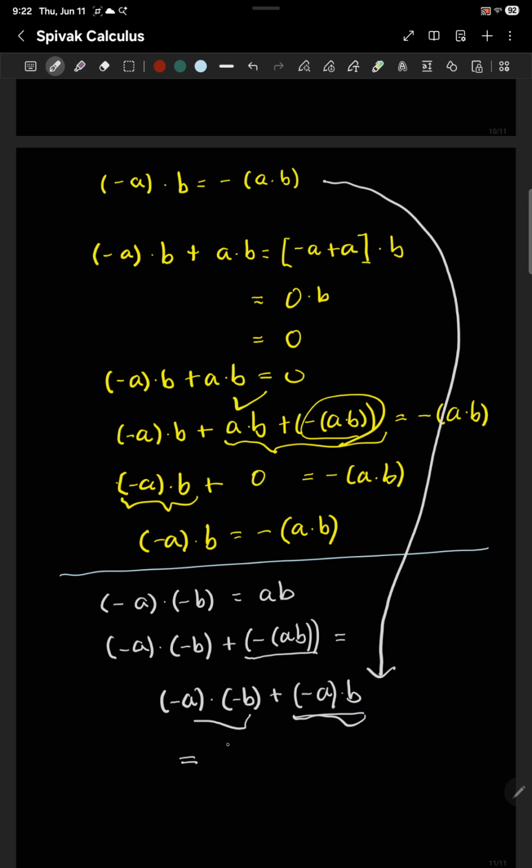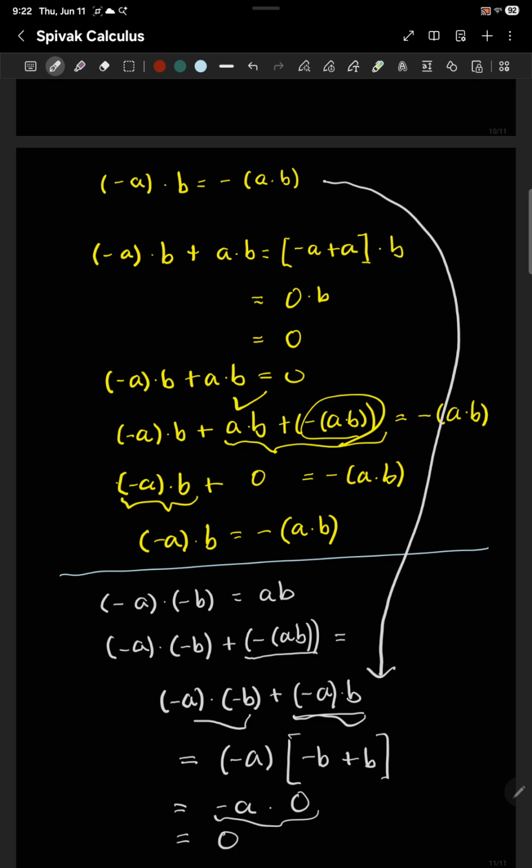We're going to put it outside the bracket, and this is going to be negative a times minus b plus b, which makes the second term 0. And since it's times 0, it's 0.